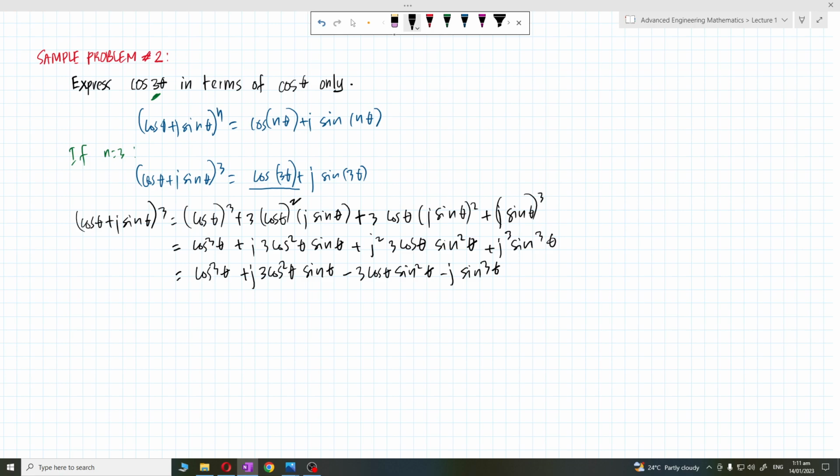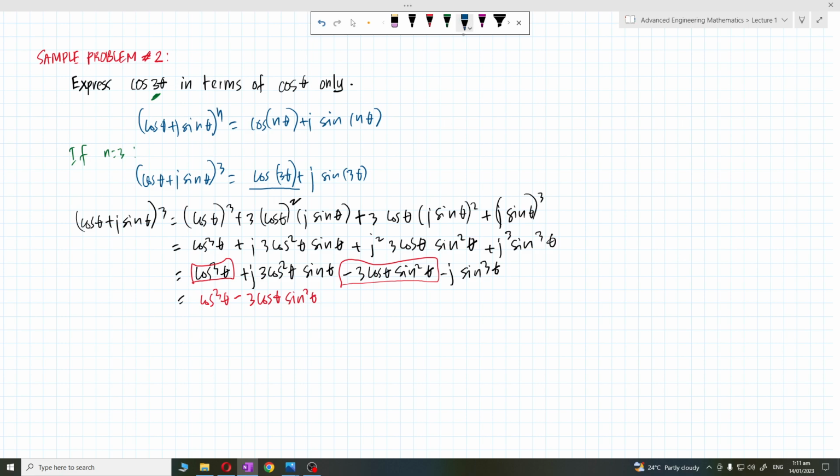Then combine same parts, real to real and then imaginary to imaginary. So the real parts here are cosine cube and then negative 3 cos theta sine squared theta. So cosine cube theta minus 3 cos theta and then sine squared theta.